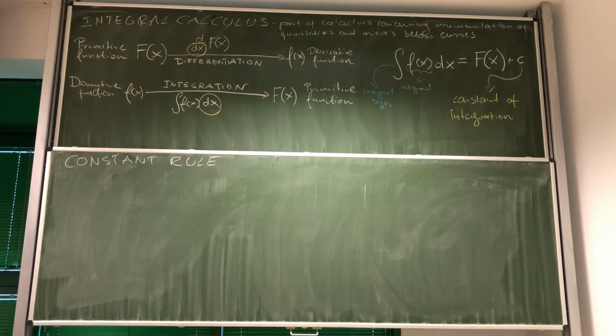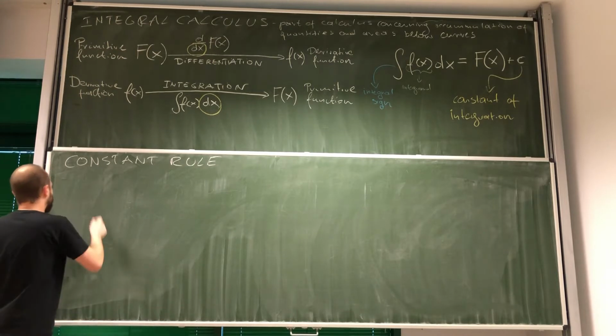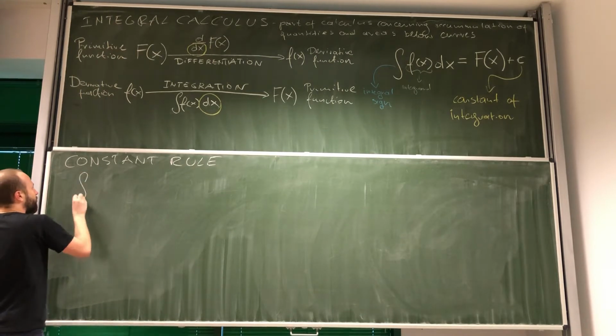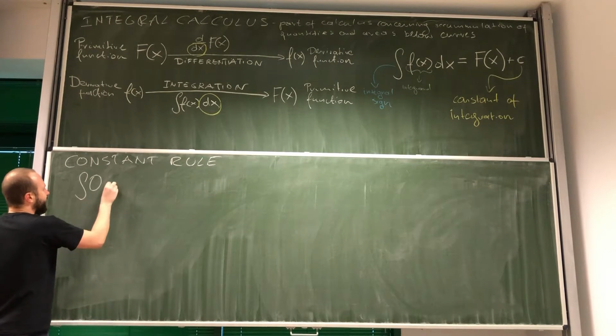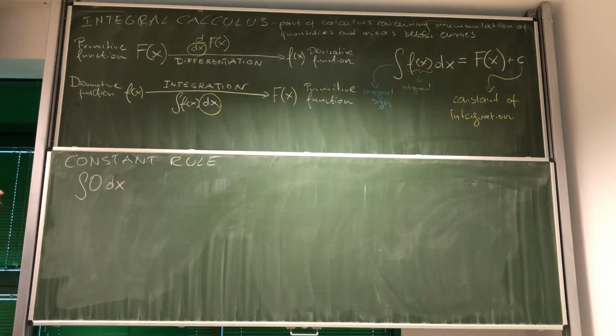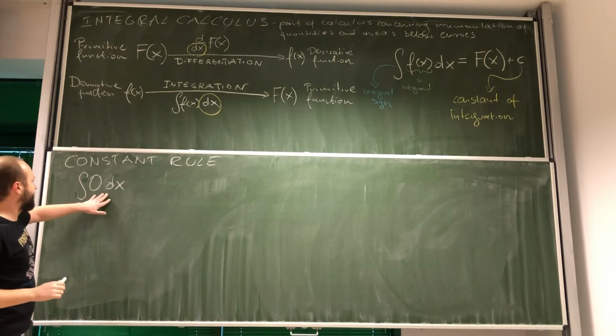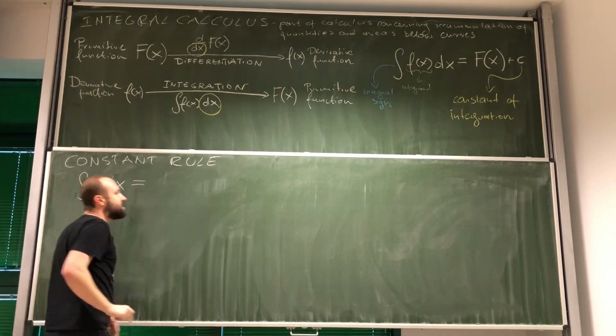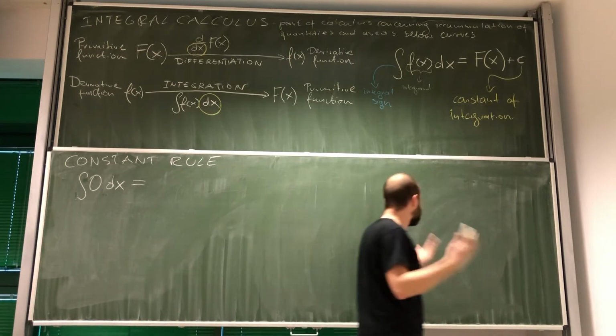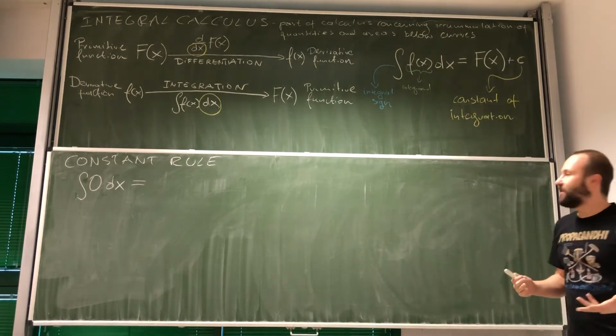And actually we're going to do two of these rules here. Look, first, what if I'm integrating 0? Well, if I'm integrating 0, then I should think about what is going to give me a derivative equal to 0.